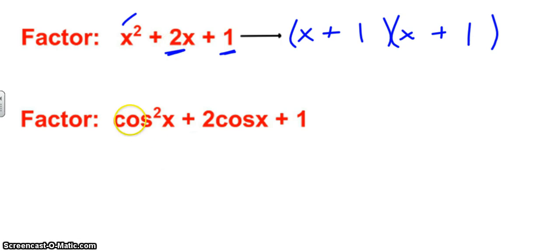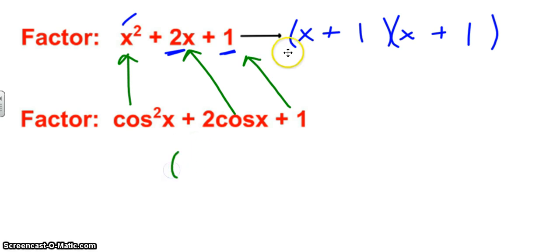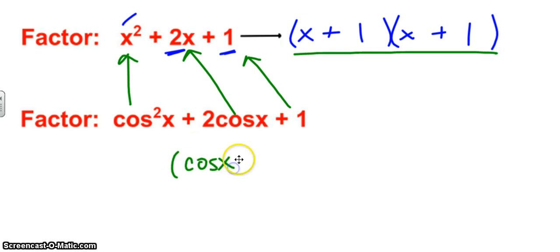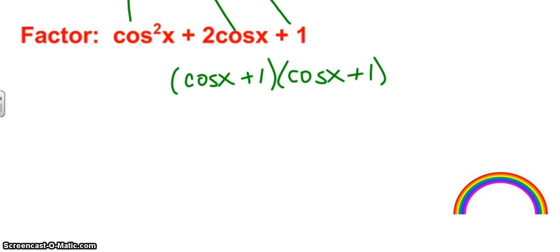So similarly, cosine squared of x looks a lot like that squared term. 2 cosine of x looks a lot like that linear term. And this 1 matches our constant term. So this will factor in this same way, except instead of just x, we're going to have a cosine of x. Rainbow connection made.